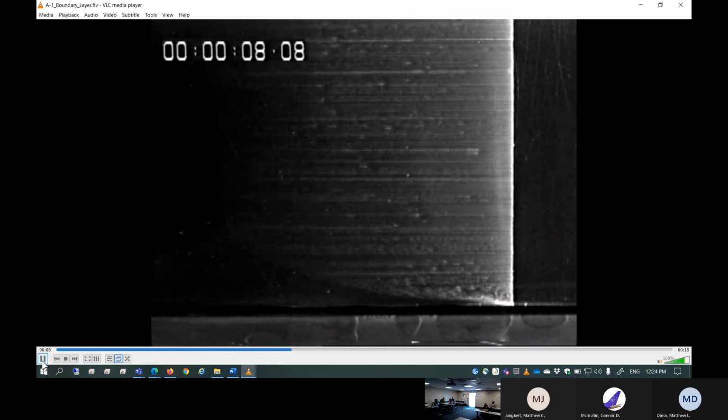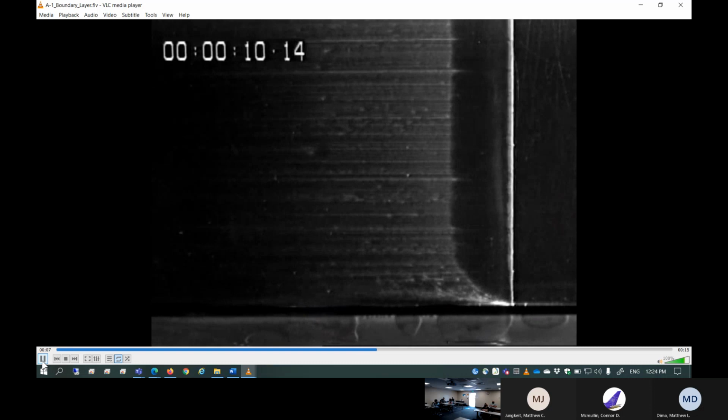Here we go. So those are hydrogen bubbles created by this platinum wire. Look at that. This is velocity 0. Velocity gradually changes and hits like a uniform flow. So this is the boundary layer thickness of laminar flow. I can actually pause this 200 volt voltage to visualize the boundary layer.